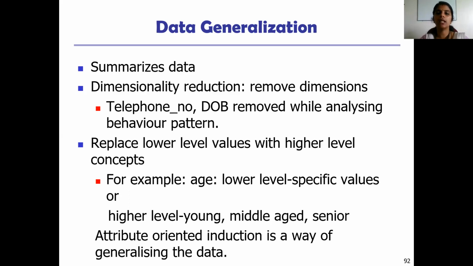The second is to replace the lower level values with a higher level concept. For example, suppose you have a dimension age. At the lower level you can have specific values for each person. Person 1's age may be 10 years, person 2's age 20 years, person 3's age 22 years, and another person can have an age of 60 years.